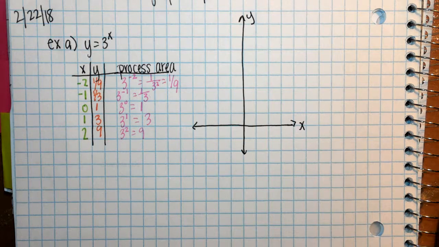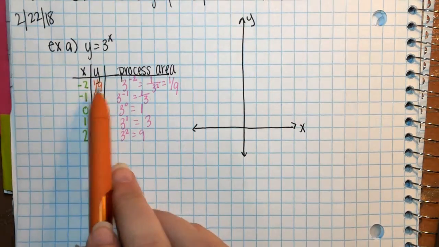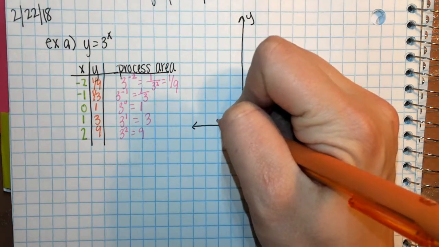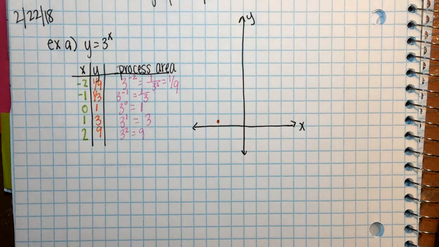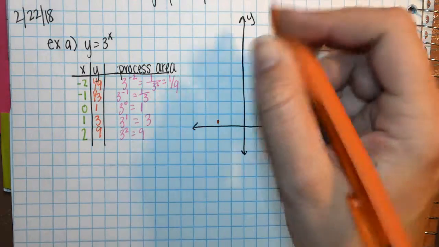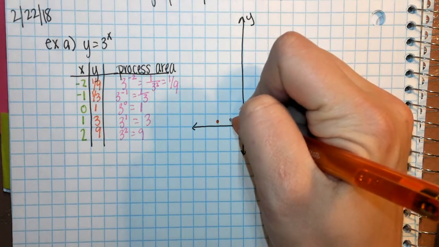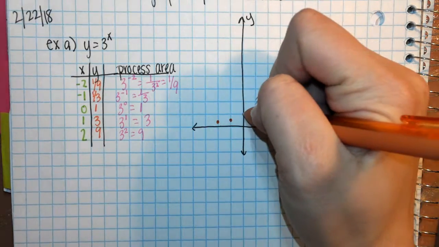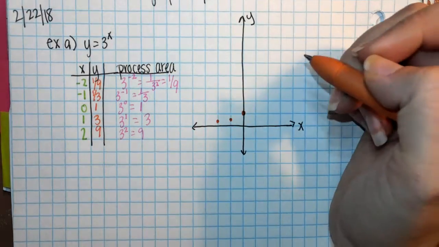Now, you might be thinking to yourself, how is she going to graph that 1/9 and 1/3? Well, we've graphed fractions before. You just go up a baby bit. Now, to graph -2, 1/9, you go left 2, up a baby bit. To graph -1, 1/3, you go left 1, up a baby bit more. 0, 1 is right here.